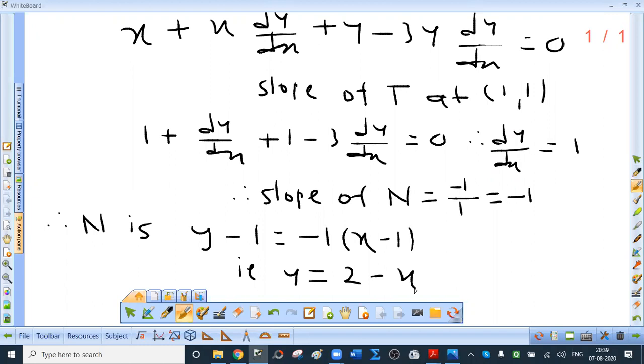Okay, so this is the equation of normal. Now I put value of this y in the equation of the curve to see whether this intersects the curve once again or not. I hope you are getting this.